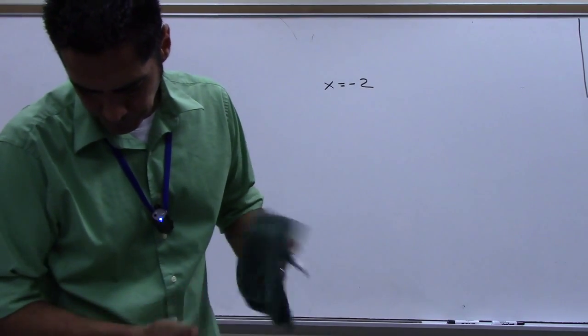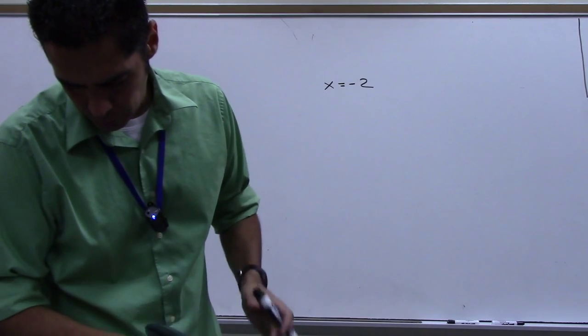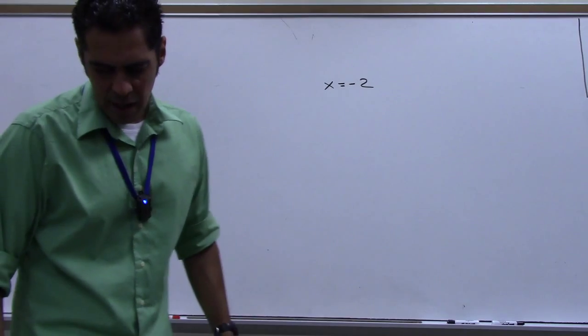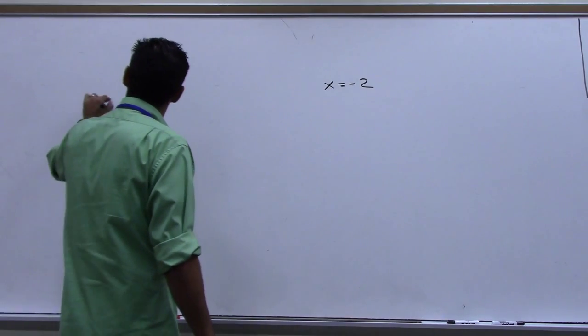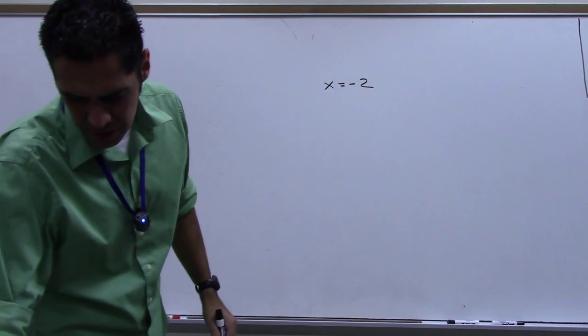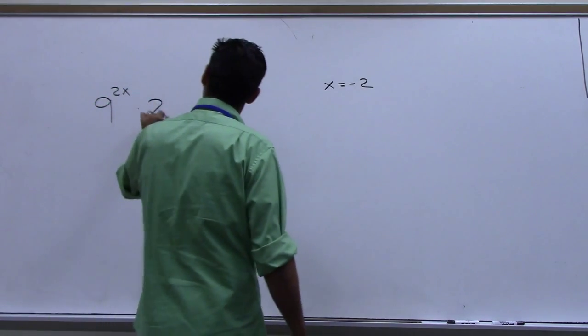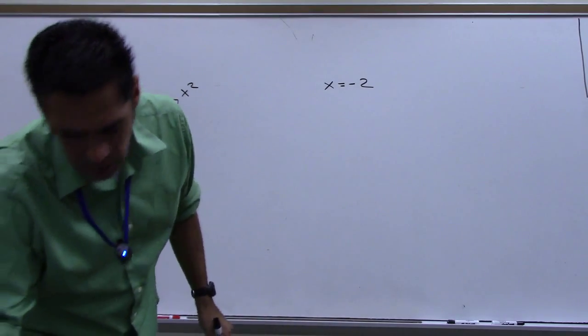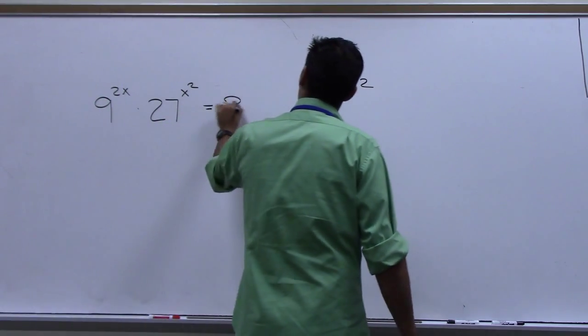How about 9 to the 2x times 27 to the x squared equals 3 to the negative 1.